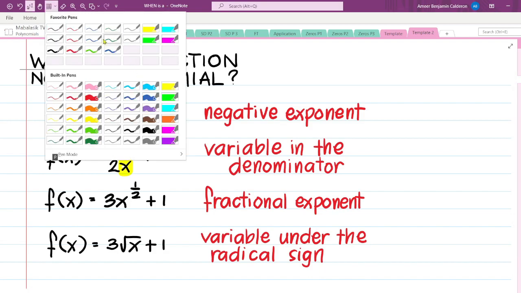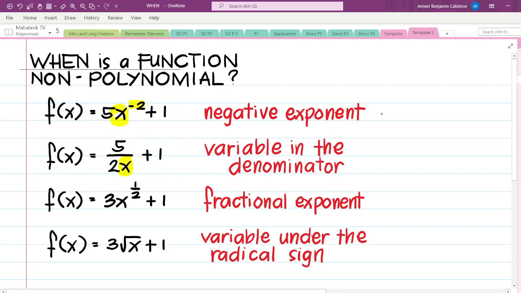If you know your laws of exponents, you know that these two morph into just one, the negative exponent and the variable in the denominator. Next, if the variable has a fractional exponent, so we have a fractional 1/2 exponent to a variable x, this is also a non-polynomial, and we have a variable under the radical sign, that is also a non-polynomial.